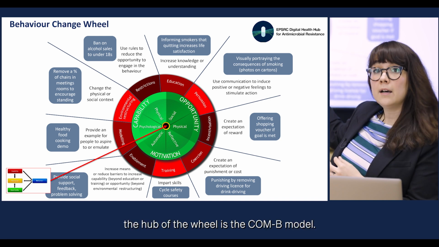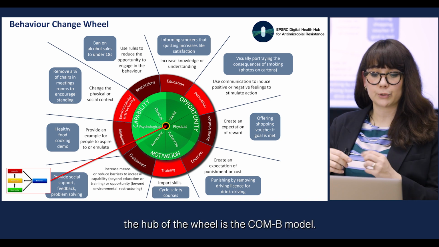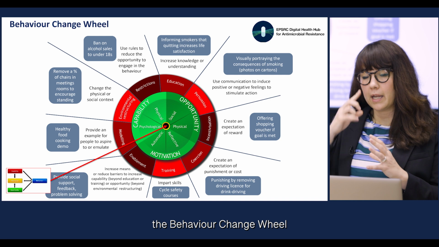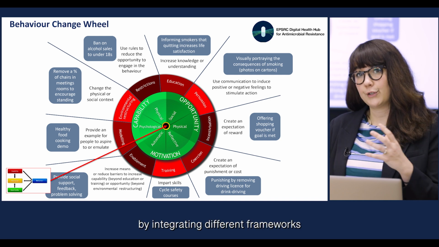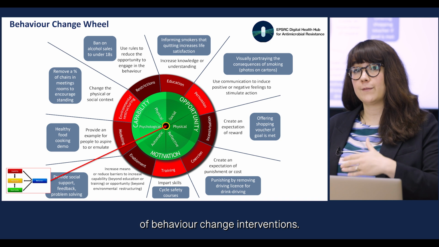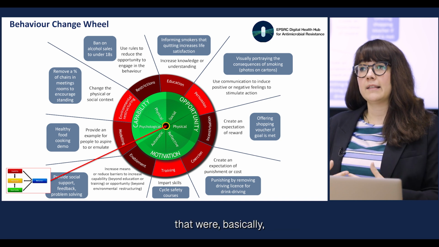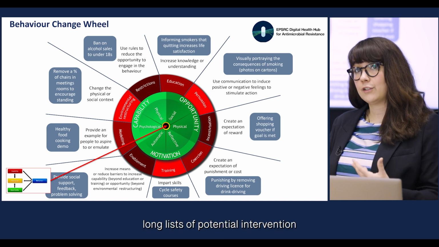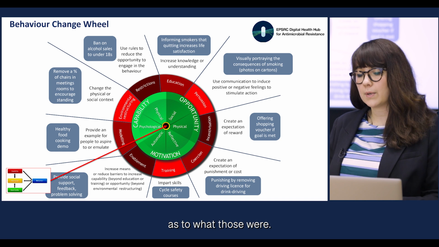You'll see that at the hub of the wheel is the COM-B model. So again, the behavior change wheel was developed by integrating different frameworks that specify different types of behavior change interventions, so different taxonomies that were basically long lists of potential intervention strategies and definitions as to what those were.